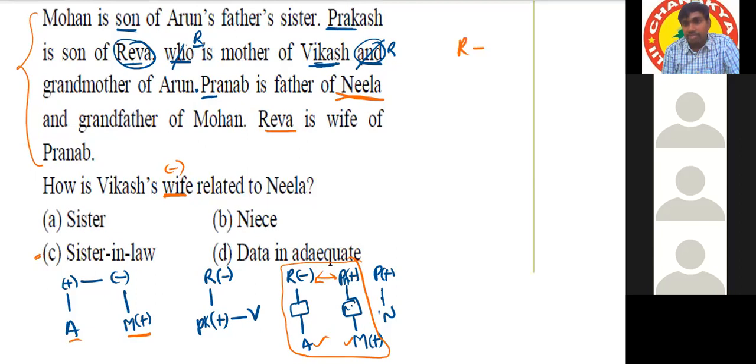Reva is a female and is the wife of Pranav. PN is a male.